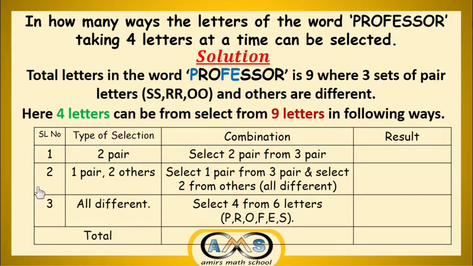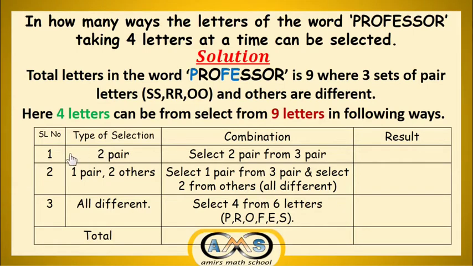In the second case, we can select 1 pair and 2 other letters. If we select 1 pair, that pair will occupy 2 positions and the remaining 2 positions we have to fill up with other letters. And case number 3, where all letters are different.